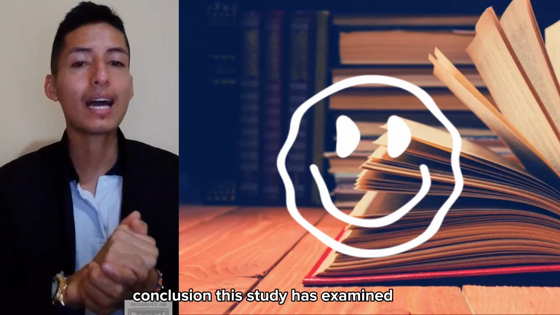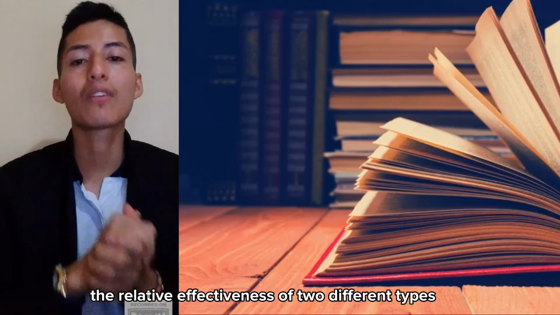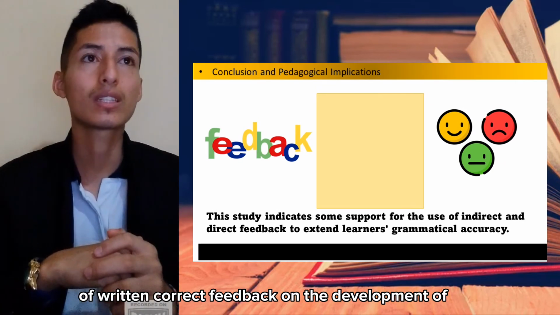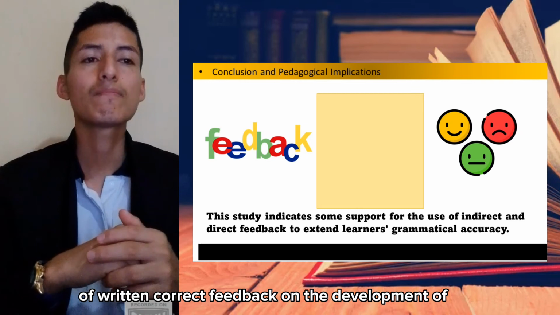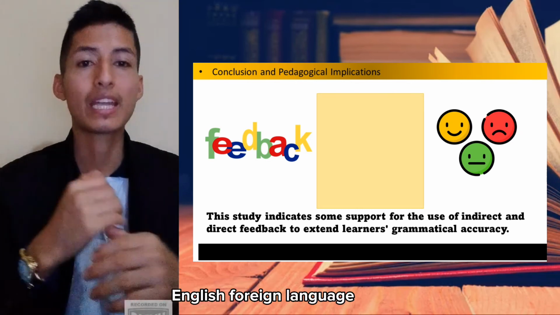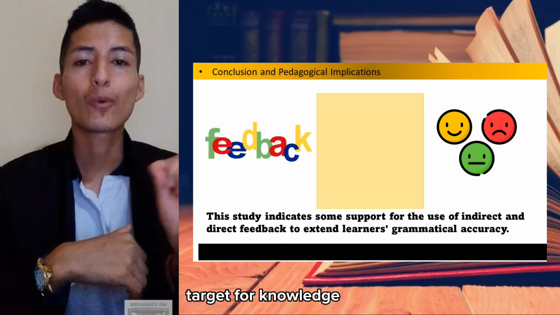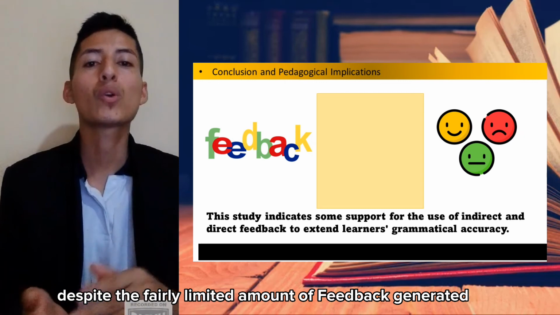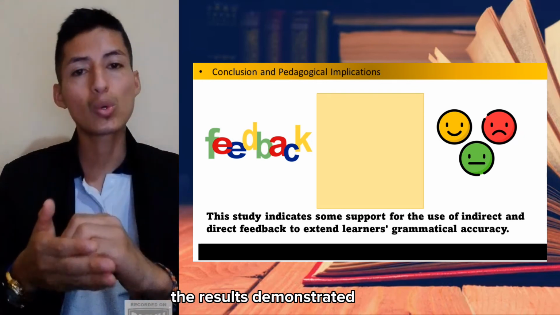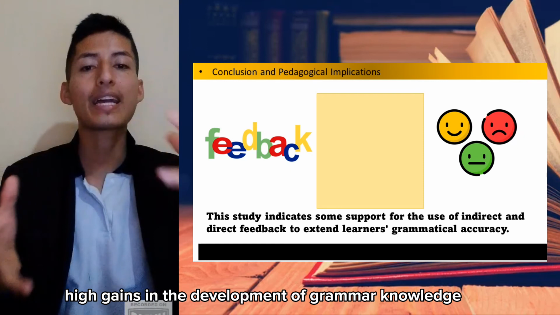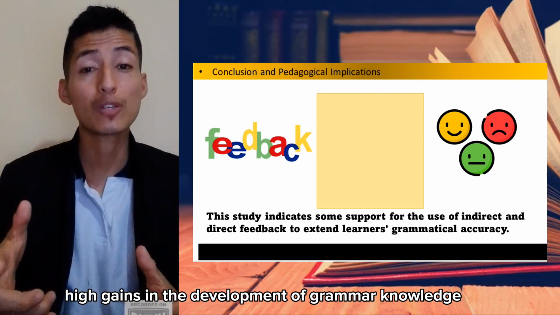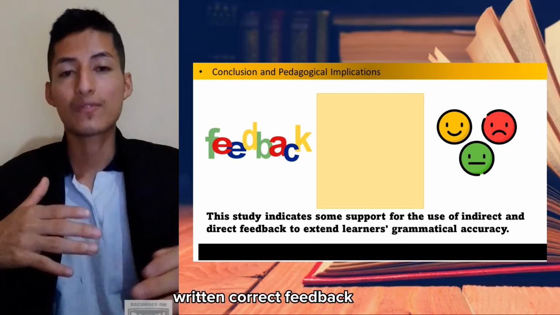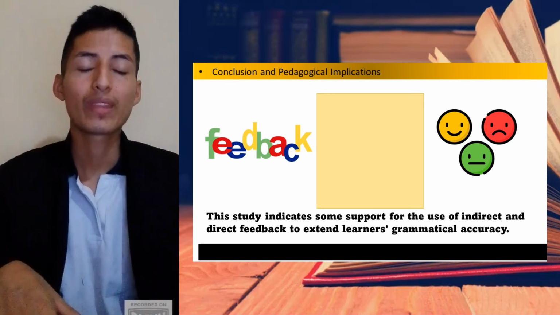Conclusion. This study has examined the relative effectiveness of two different types of written corrective feedback on the development of second language or English foreign language target grammar knowledge. Despite the fairly limited amount of feedback given, the results demonstrated higher gains in the development of grammar knowledge for groups who received written corrective feedback in comparison to the control group.